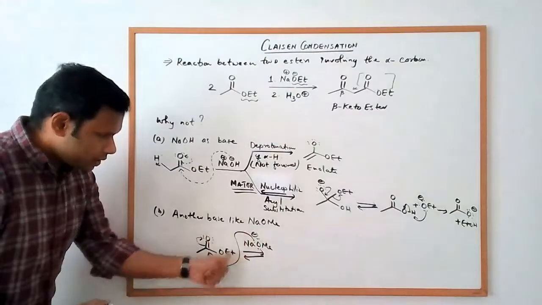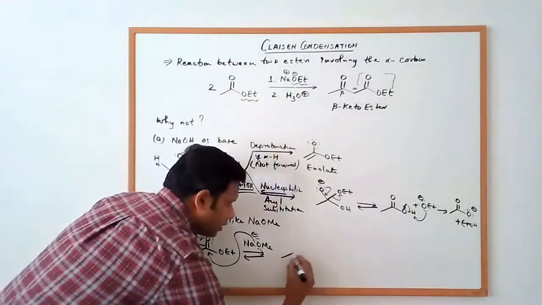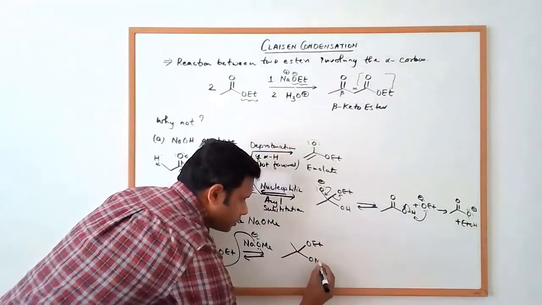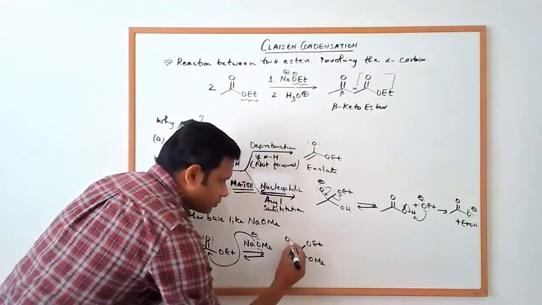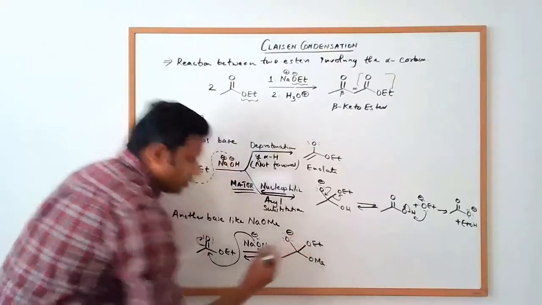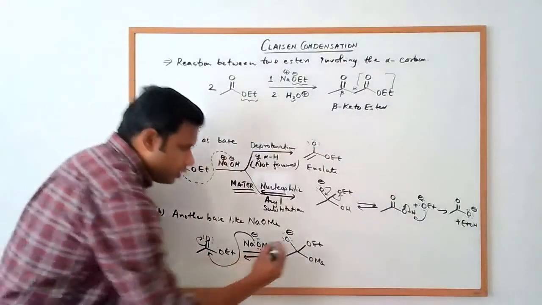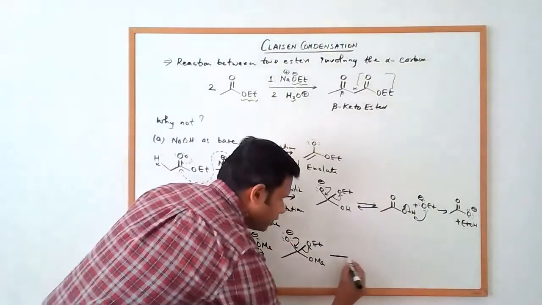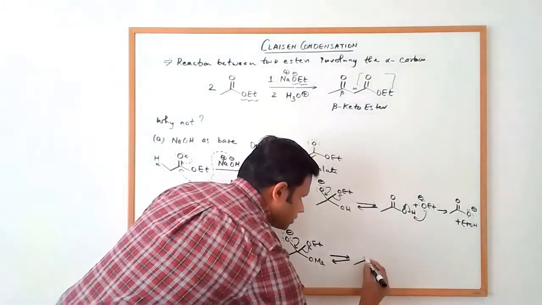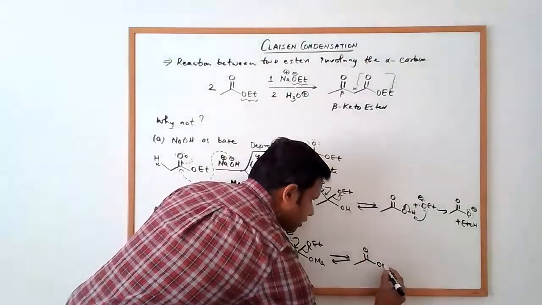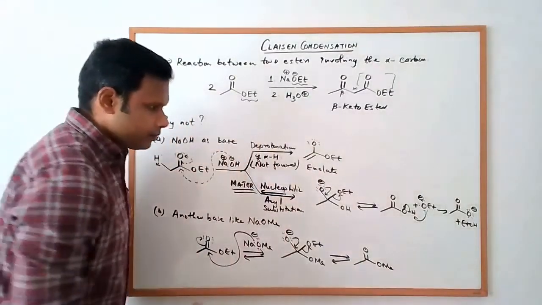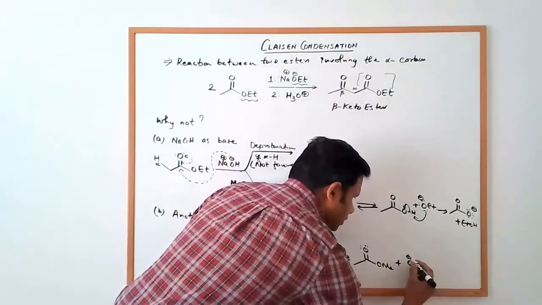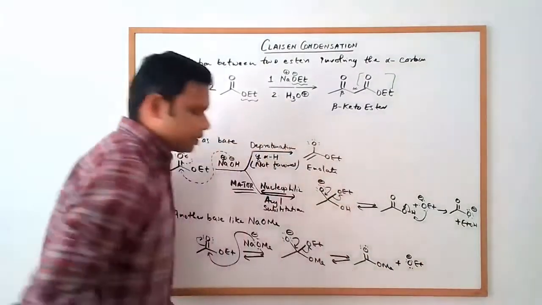So the methoxide can act as a nucleophile and attack the ester to give you the tetrahedral intermediate. When the tetrahedral intermediate collapses, the ethoxy group will get kicked out, and that will now give us a methyl ester plus the ethoxide.